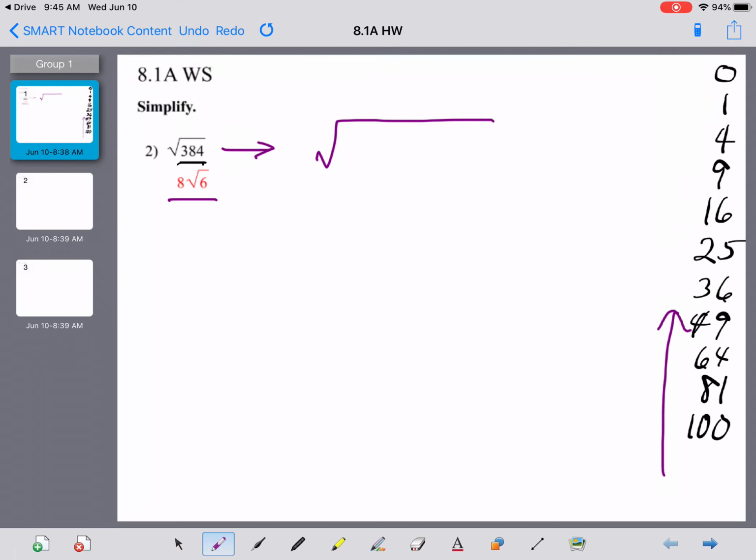So the first thing I told you guys to do was to take your radicand and cut it in half. 384 divided by 2, I'm doing on my calculator, is 192. That's not a perfect square, but we should be checking perfect squares smaller than 192 to see if 384 divides evenly by them. Well, as we're running through this here, guys, the first perfect square smaller than 192 is 169.